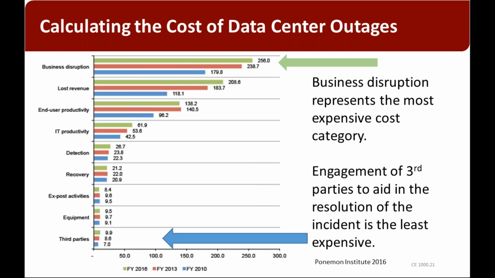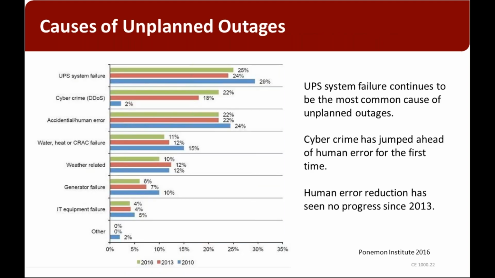But you see those numbers have gone from around $180,000 in business disruption to over $250,000 per event. All of those numbers have kind of escalated, and you see the greens generally kind of lead, which really supports what we already know. We are heavier users of technology, and we have higher expectations of availability.